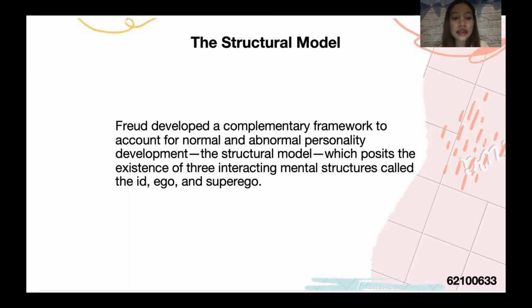The id is the seat of the drive and instinct, whereas the ego represents the logical, reality-oriented part of the mind, and the superego is basically your conscience, the moral guidelines, rules, and prohibitions that guide your behavior.